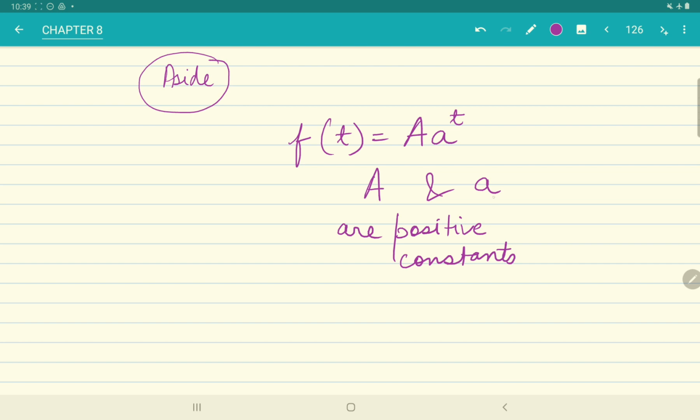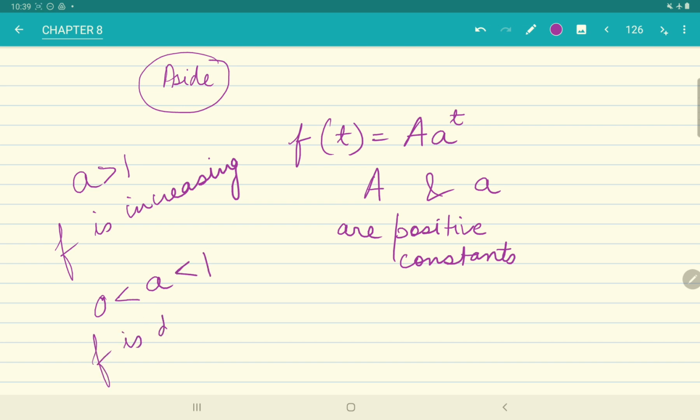If a is greater than 1, then f is increasing. But if a is between 0 and 1, then f is decreasing.